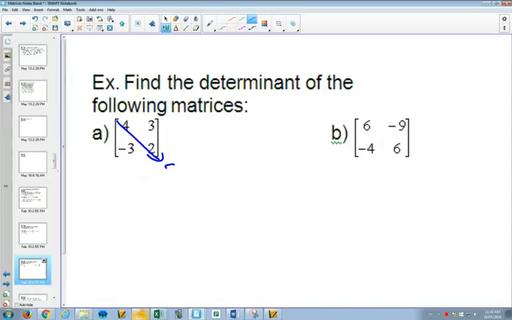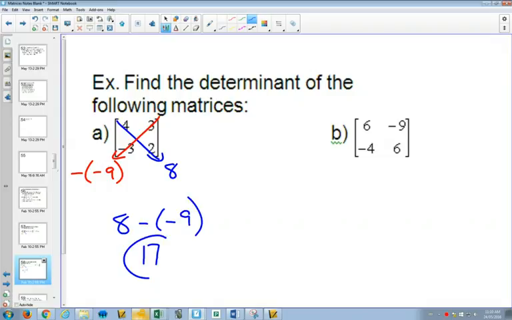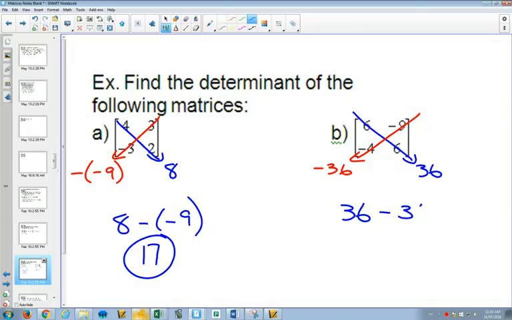Check how you did. Determinant of the first one is 17. The determinant of the second one is 0.